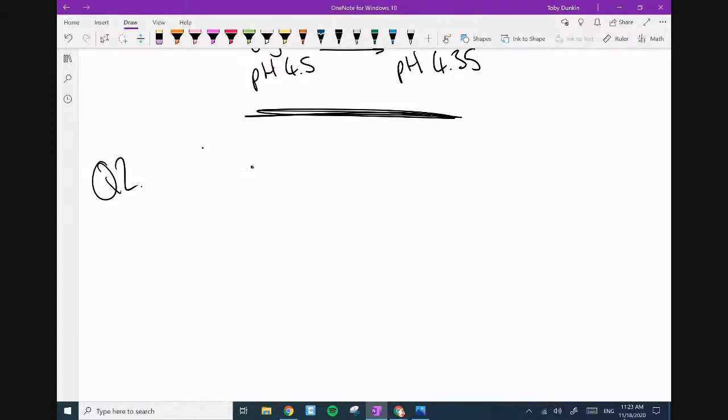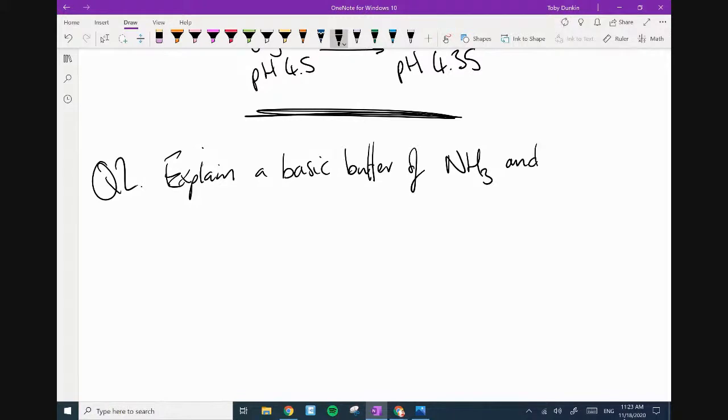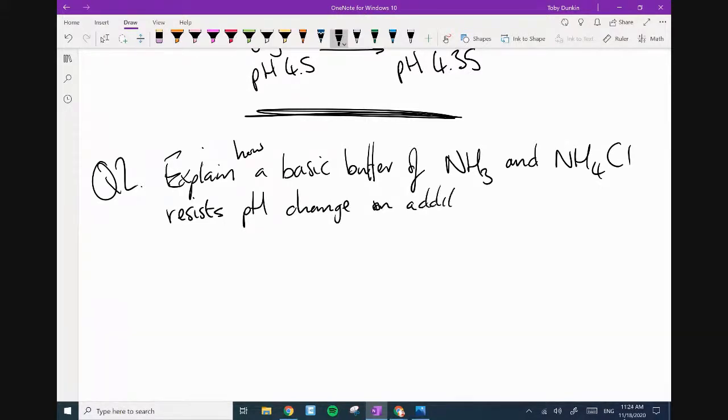Explain how a basic buffer of ammonia and ammonium chloride resists pH change on addition of a small amount of NaOH. Let's do the base side.